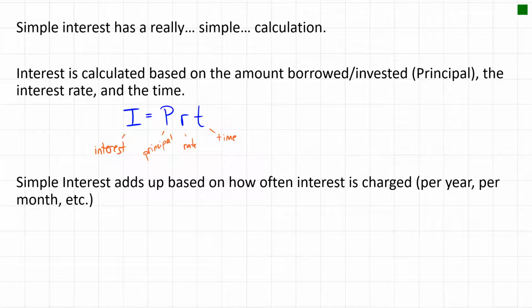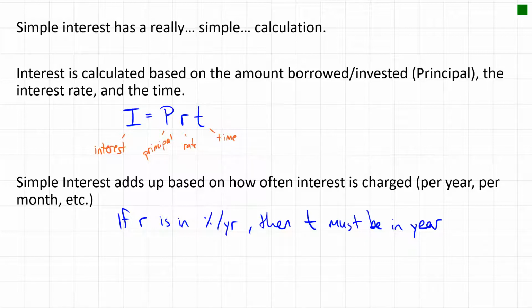So simple interest adds up based on how often interest is charged. For example, you might be charged 5% interest per year, or you might be charged per month. So if R is in percent per year, then T, the time, must be in years. So if you're charged 10% per year, then you need to make sure that the time that you plug into the formula is a number of years.